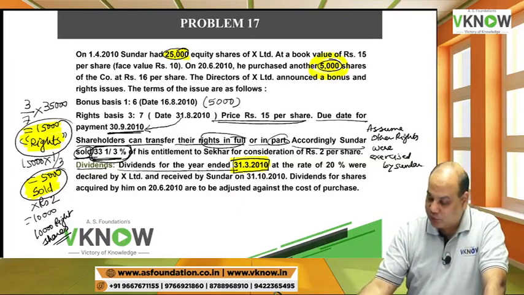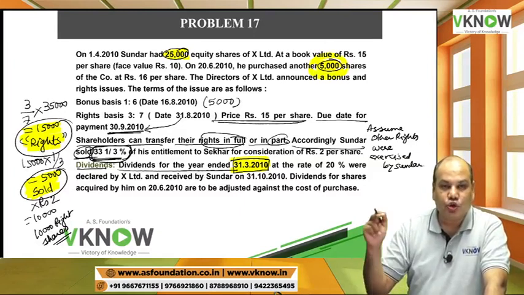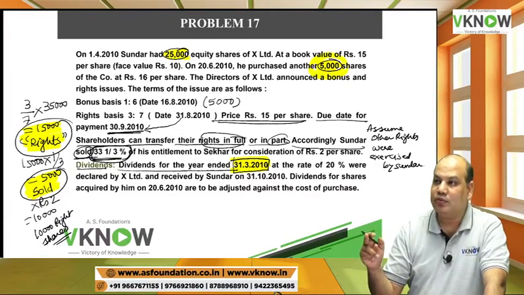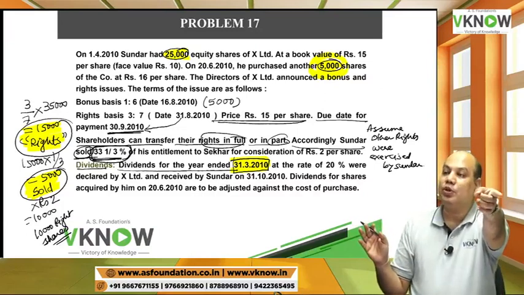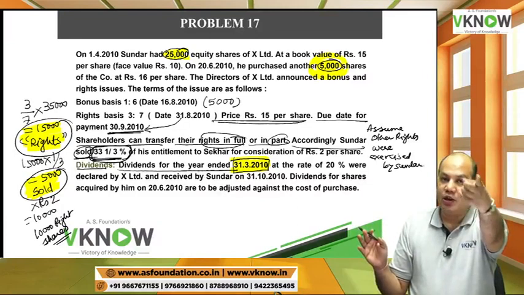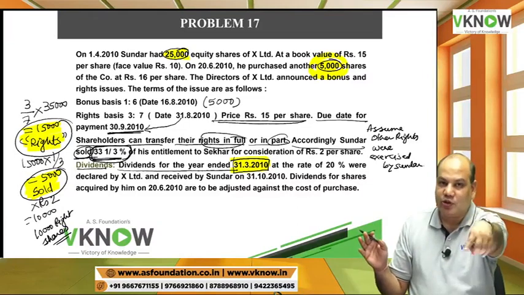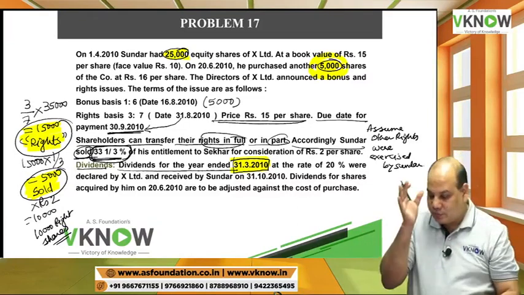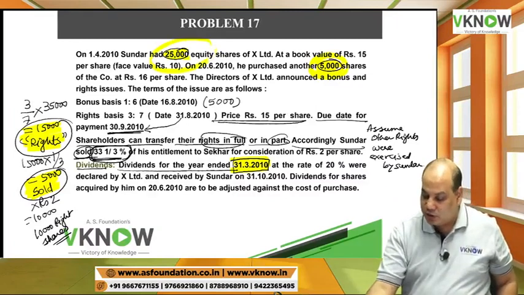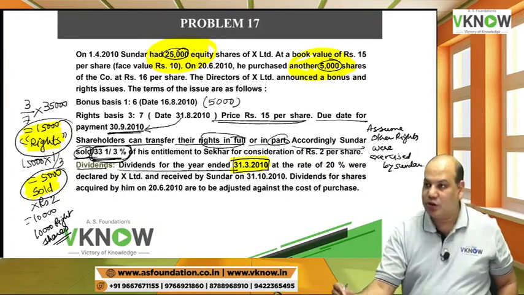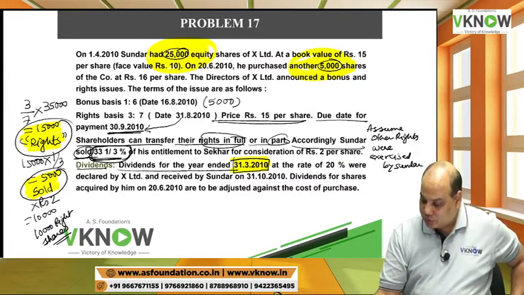So on these 5,000 shares also, Sundar will receive dividend because they were outstanding in the books of the company on 31st March. It was held by another investor. Sundar purchased it from the other investor. So the total number of shares on which dividend will be received is 25,000 plus 5,000, 30,000 shares.